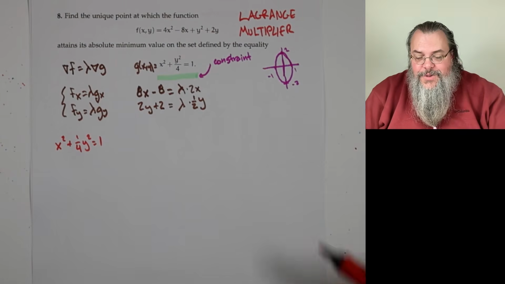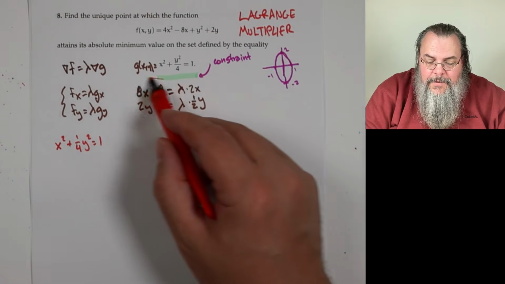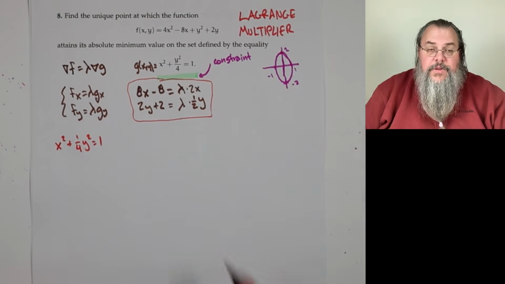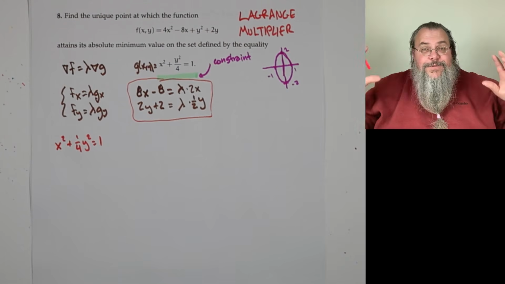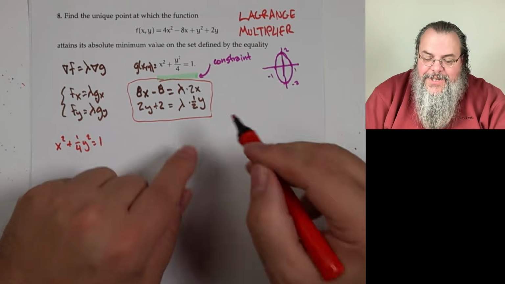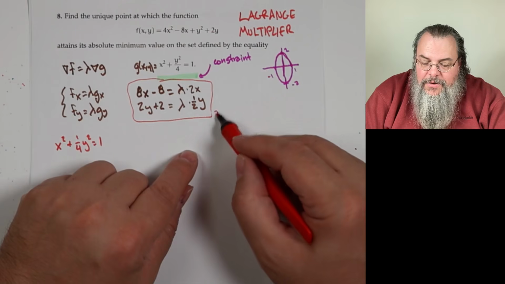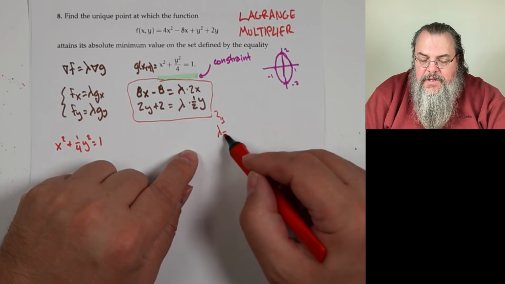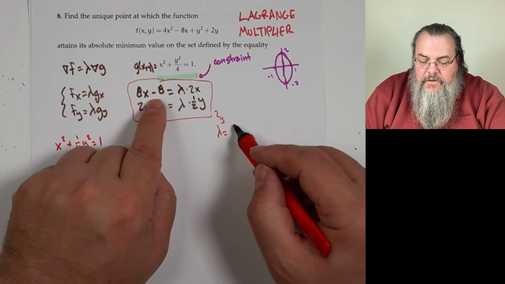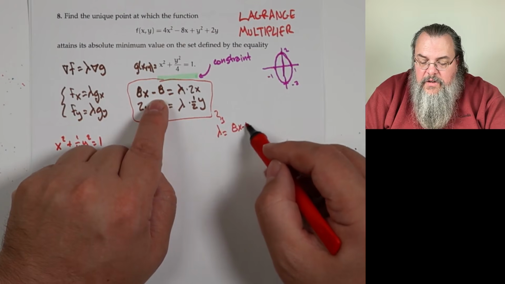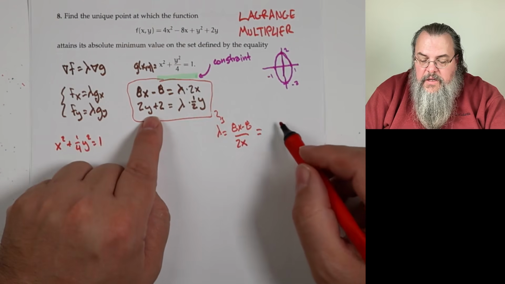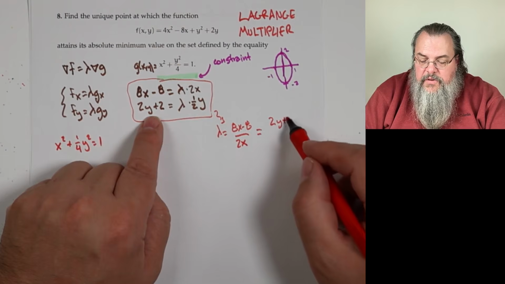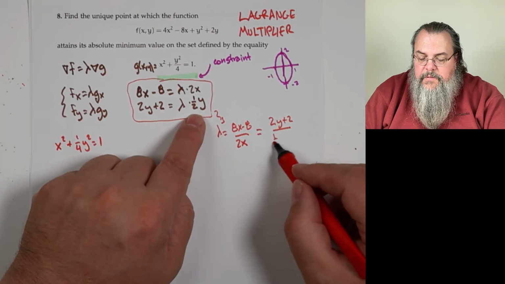Equation number 2 is going to come from working through this relationship. My advice is solve for lambda. It works really well. What is lambda? From the first equation, it's 8x minus 8 over 2x. But from the second equation, it's 2y plus 2 over 1/2 y.